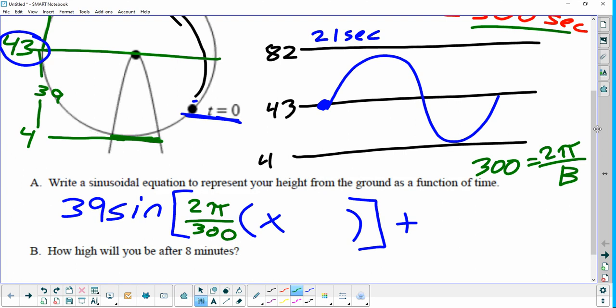Phase shift. This thing shifted. We did not start at time equals 0. What time do we start this? 21 seconds. And it's to the right 21 seconds, so that's x minus 21 for our phase shift. And then we got a vertical shift, also known as the midline, which is 43.